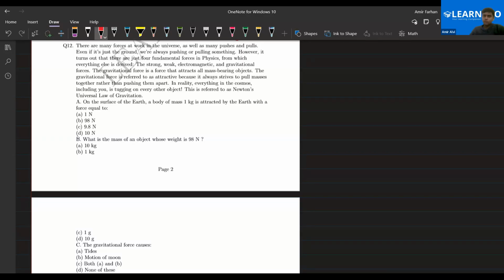Okay. And for the next one, it's just 10 kg. ठीक है। I took g as 10 meter per second square for the first one.